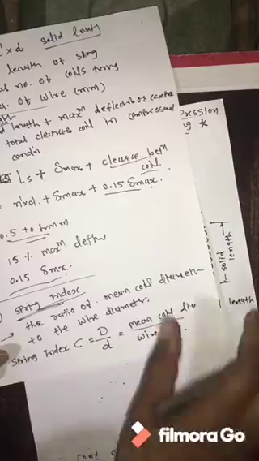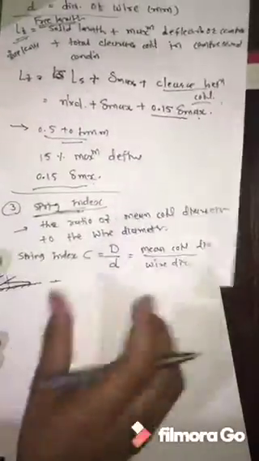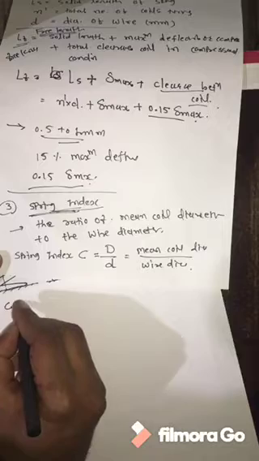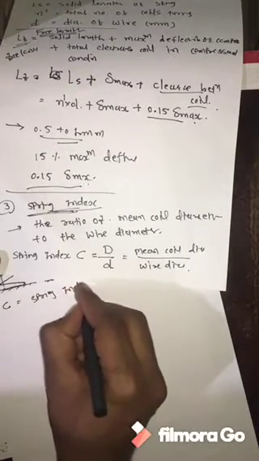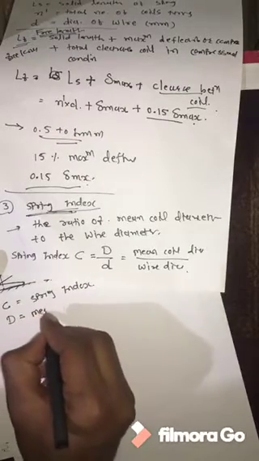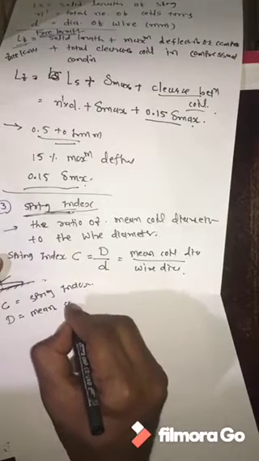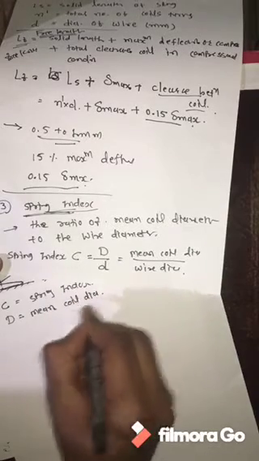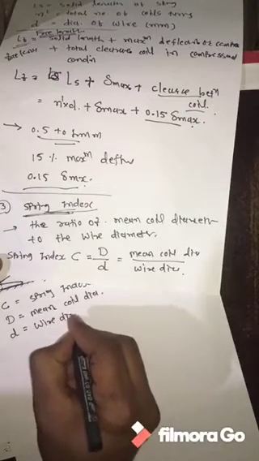Here small c means spring index, where D means mean coil diameter, already mentioned, and small d means wire diameter.